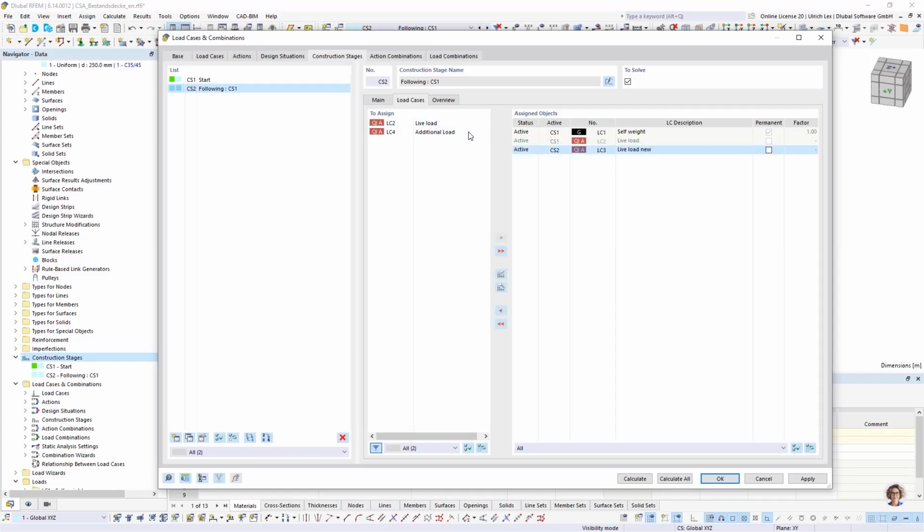Load cases 3 and 4 should act instead of load case 2. And this is all we have to define. We only have to say in which stage which load case should be acting.